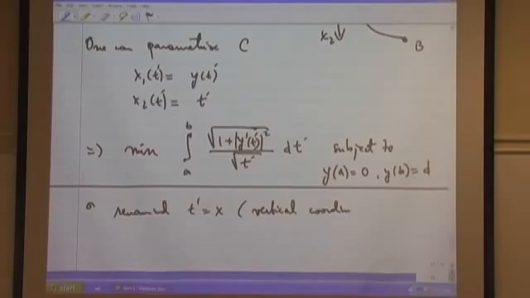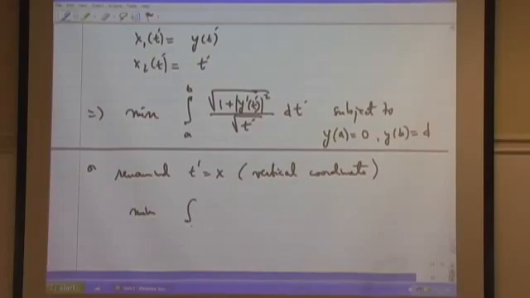You have to minimize the integral over the height, of the square root of 1 plus y prime of x squared over square root of x dx.